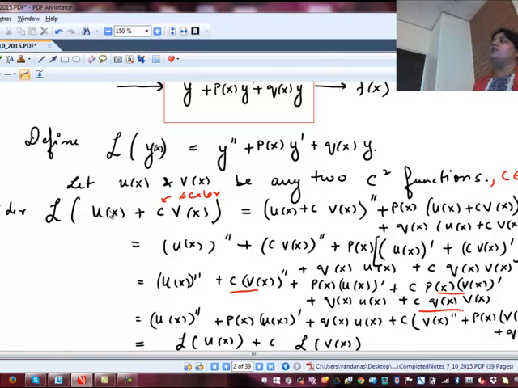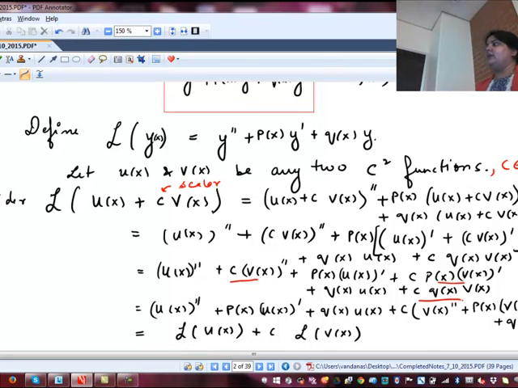So L of a sum is equal to L of each individual, and then we are adding. So this means this L is linear. This is basically how you will check linearity. You take a linear combination, and if the linear combination gets split up into each separately, then we call this L linear.